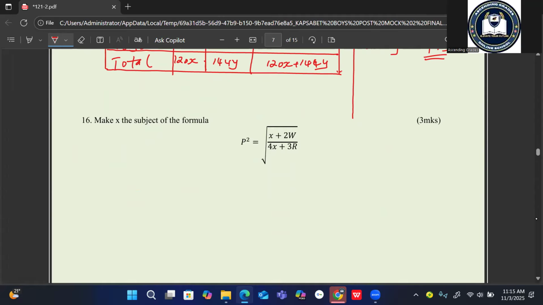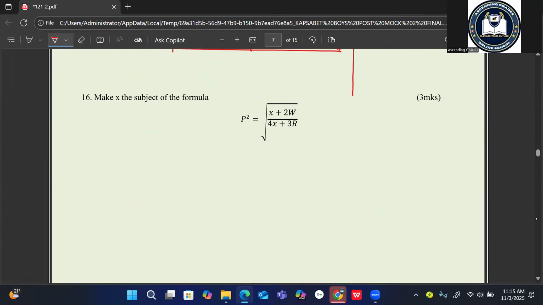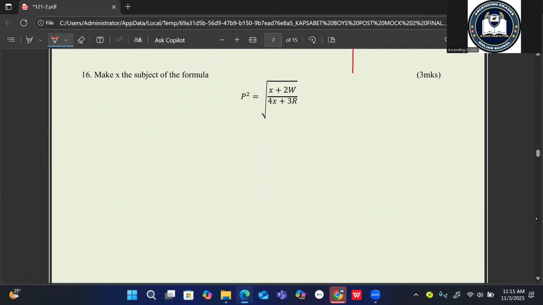We are told make x the subject of the formula, and we are given that p squared is equal to the square root of x plus 2w out of 4x plus 3r. So the first step is to square both sides so that you can remove this root. So this one squared and that one squared.